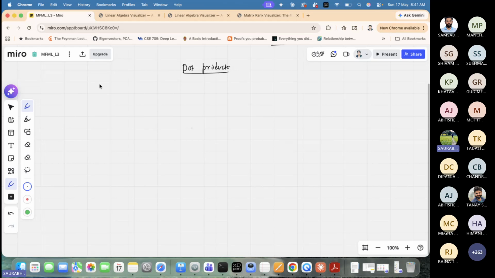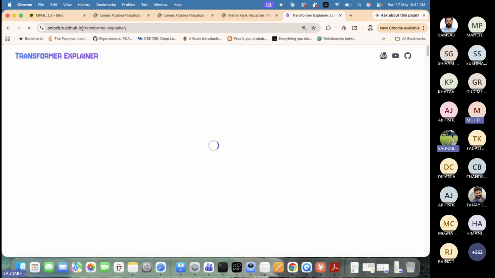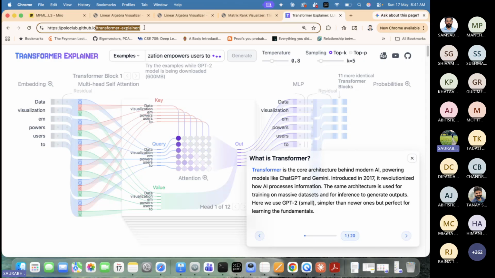So the dot product, in a way, is a measure to help us out with the things that we are learning. So go to this particular page. This explains transformers, the model that we use today in LLMs, for example ChatGPT, Gemini, and all that you're using today.